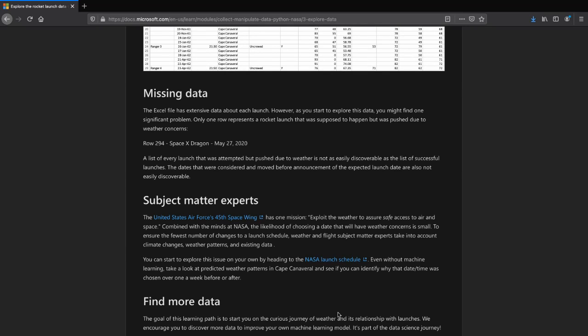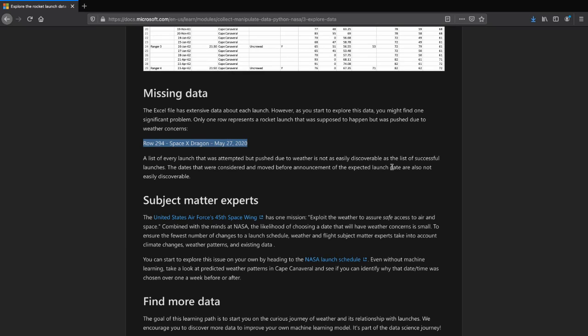As we said, the data collection process is key to the quality of the analysis. In this particular file, you'll notice that there was only one element where things were pushed due to the weather conditions. That's just a function of the data that was available, how it was collected. There may have been other ones, but our data doesn't reflect that.